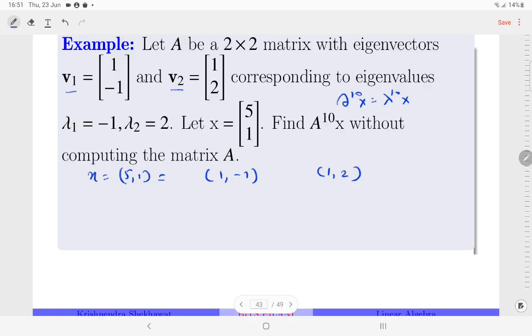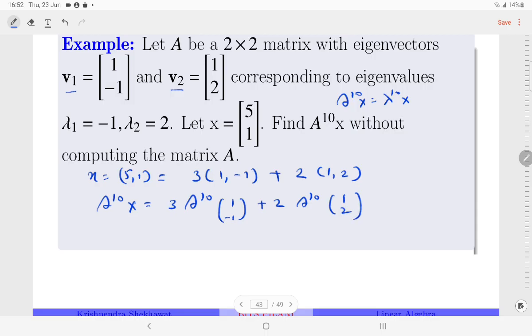I think it comes out to be 3 and 2. Now you can apply A raised to the power 10 on both sides. So A raised to the power 10 x is 3 A raised to the power 10 (1, -1) plus 2 A raised to the power 10 (1, 2).